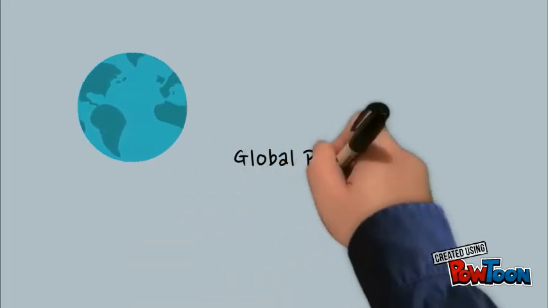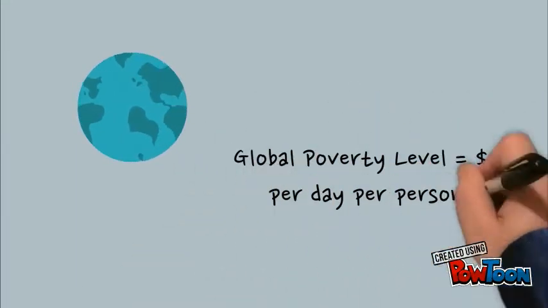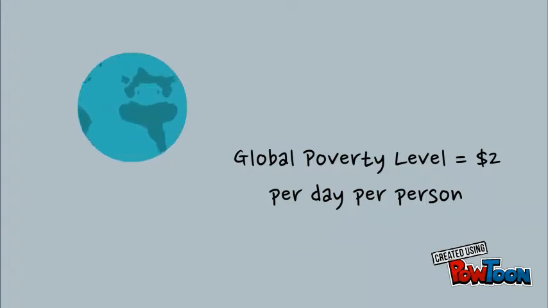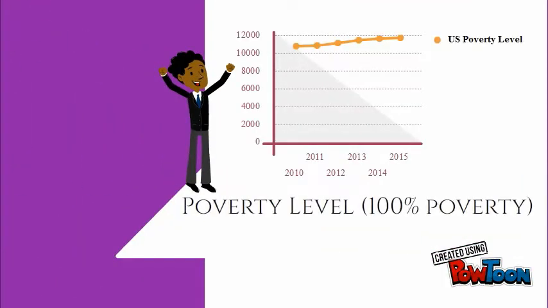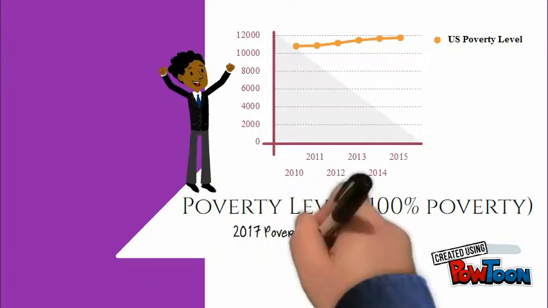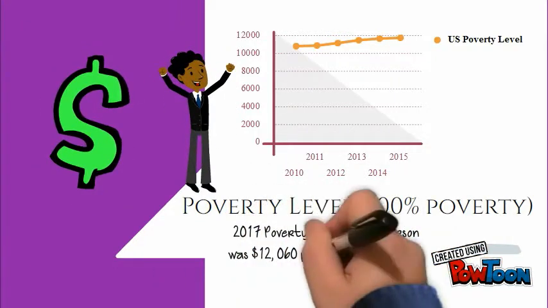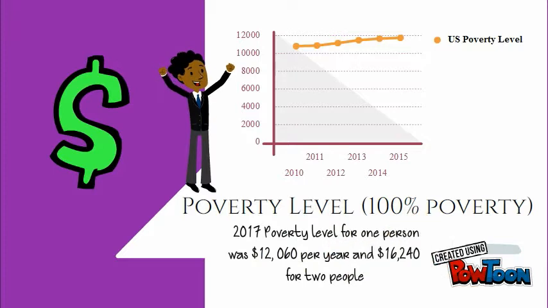The World Bank sets the global absolute poverty measure at $2 a day, about $730 per person per year. But that standard applies more to countries that are still developing. In already developed countries, like the United States, we use a poverty level or a poverty threshold that is established by the federal government to measure the minimum amount of income required to meet the most basic essentials.